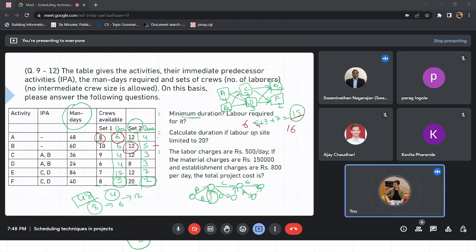Now, the third part, calculating the charges. Let's assume that the third question is directly linked to the first part only. Labor charges are 500 per day, material charges are 1,50,000, and establishment charges are 800. So what is the total project cost?